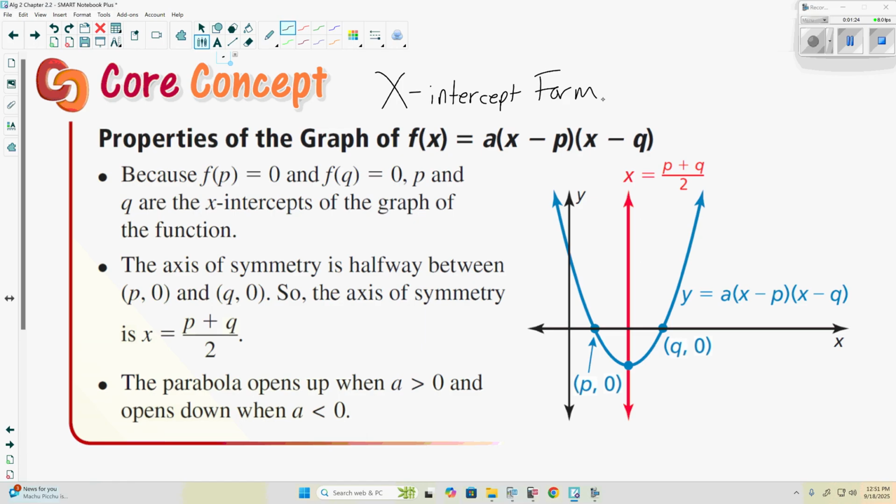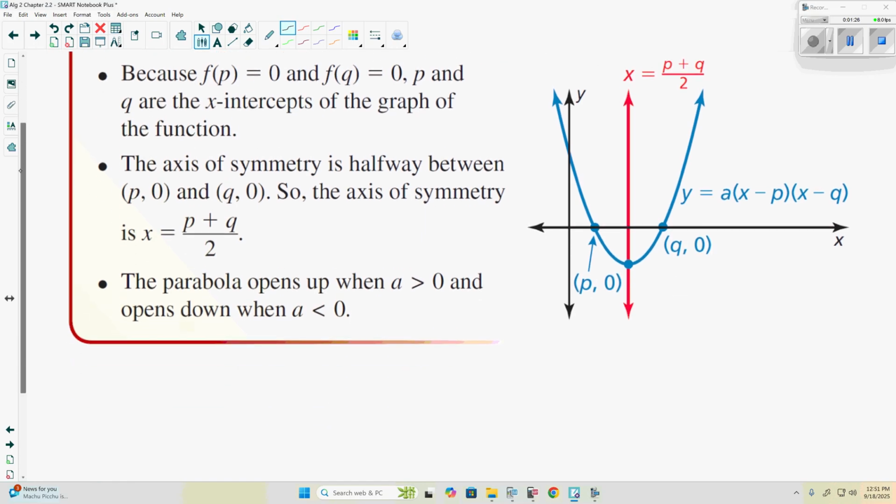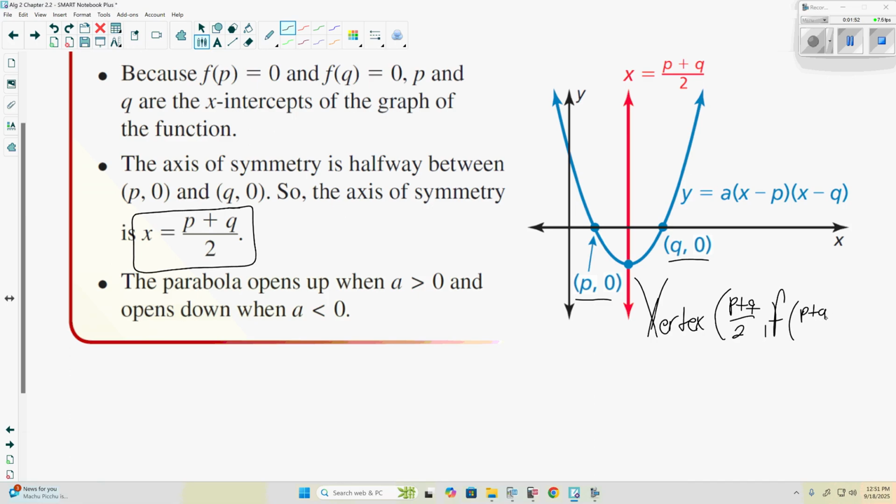Because when we plug p and q into the function, we'll get a y value of 0. And those are our x-intercepts. P comma 0, q comma 0. Axis of symmetry is given to us by the equation x is equal to p plus q over 2. Interestingly enough, the vertex is the point p plus q over 2, comma f of p plus q over 2.